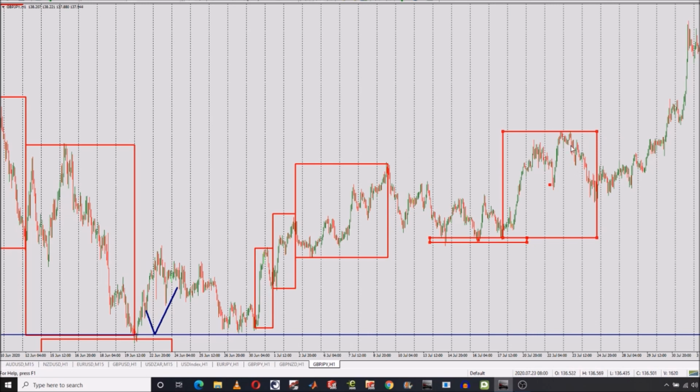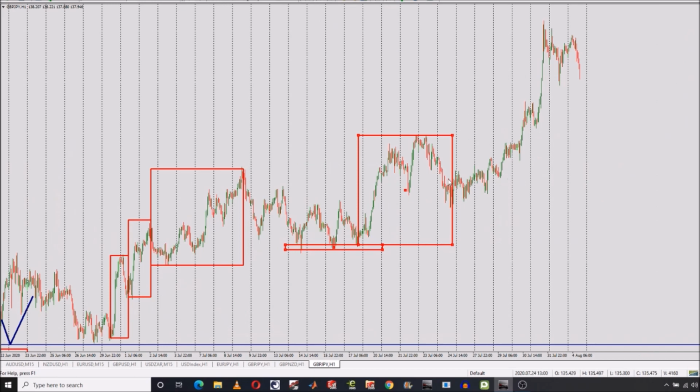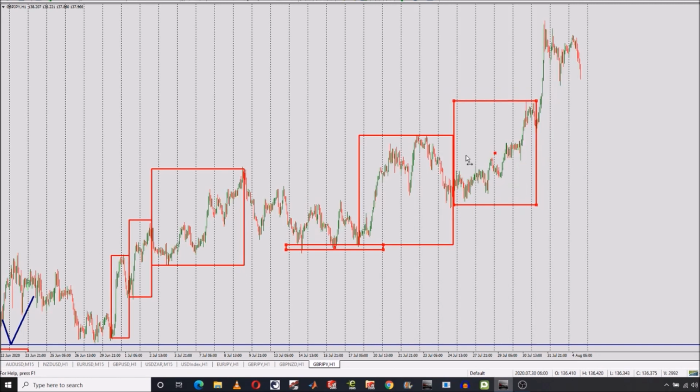After having the first level, we had price pullback, and after price pulled back, we had a moment of consolidation, several days of consolidation, and our second level actually initiated from this point to this point. Then our last level was now at this point to there. So this is actually the point where the price is currently at.